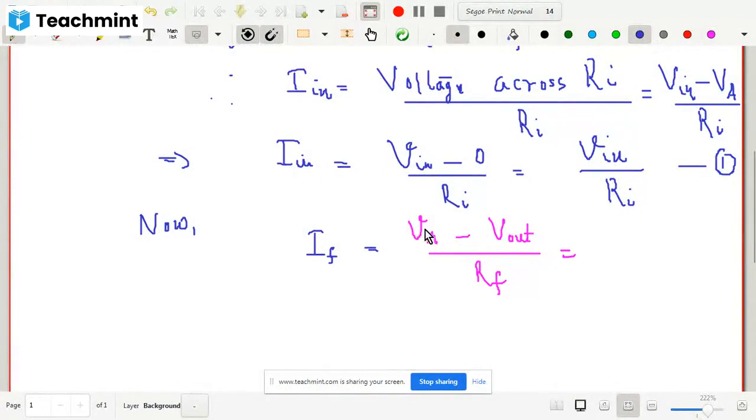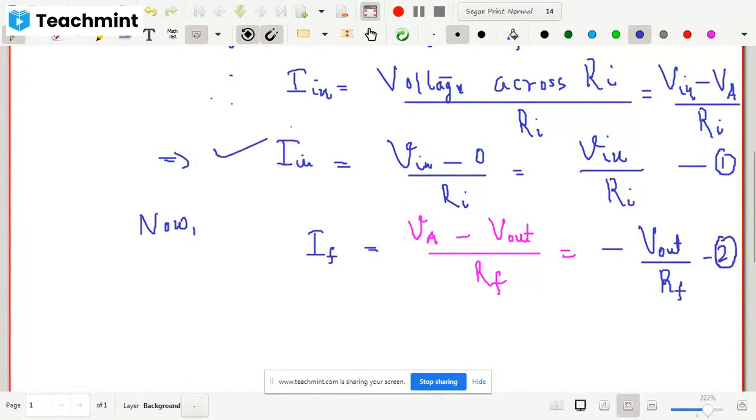Now what is V_A? V_A is 0 using the concept of virtual ground. So it would be 0 minus V_out by R_F, that is minus V_out divided by R_F. You can put this as equation number 2.